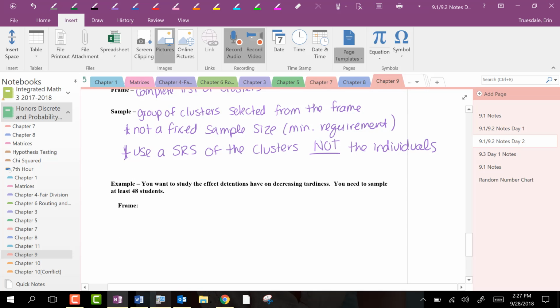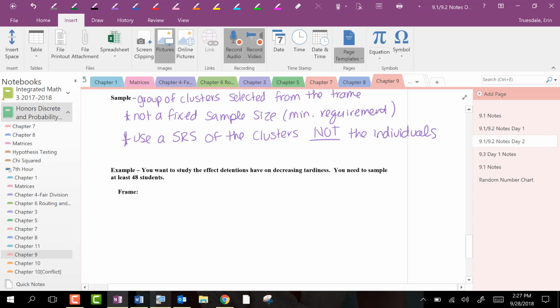Say you want to study the effects that detentions have on decreasing tardiness. You need a sample of at least 48 students. I'm going to give you your frame, just some teachers here. Grath has 27 students. Samulus has 32 students.